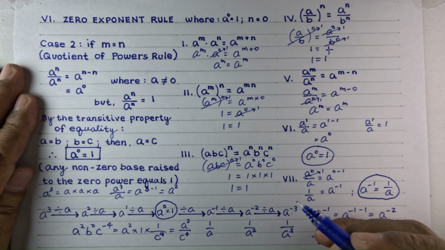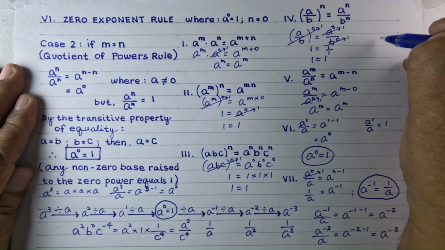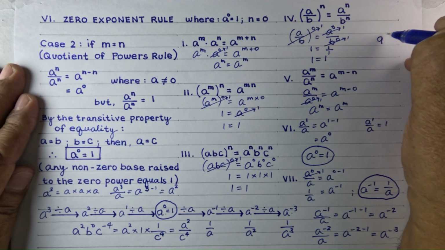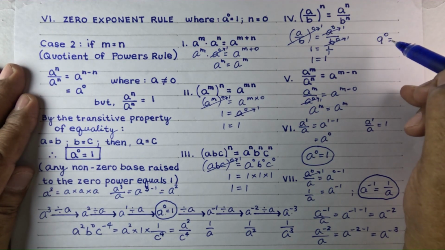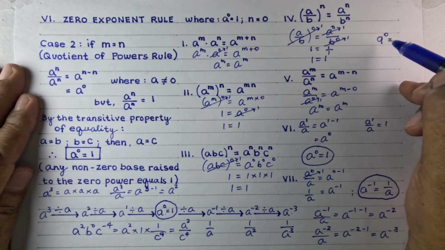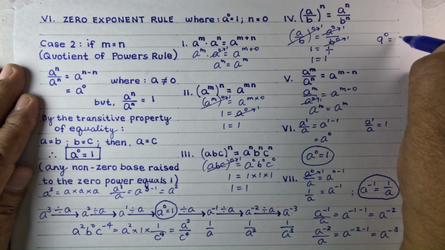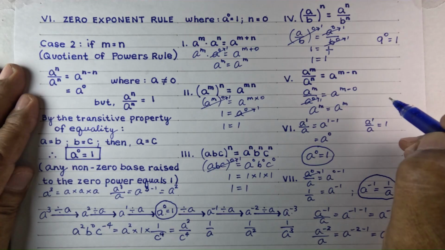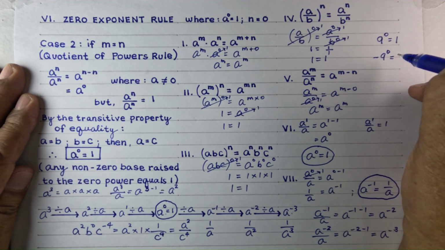Now, as per the zero exponent, let's say 9 raised to the 0 power. The base 9 is non-zero, and it is raised to the 0 power, therefore that is simply equal to 1. How about minus 9 raised to the 0 power?